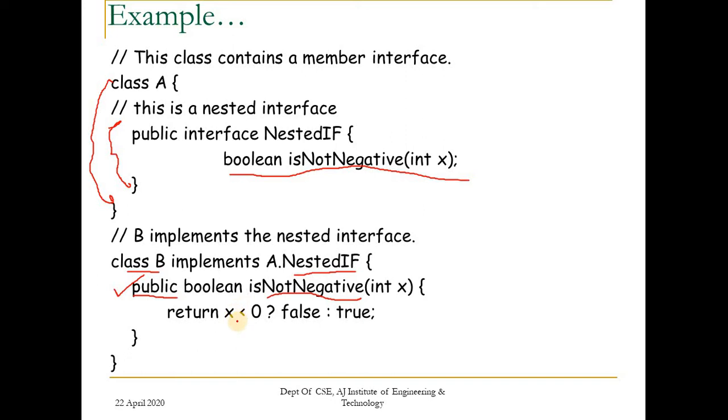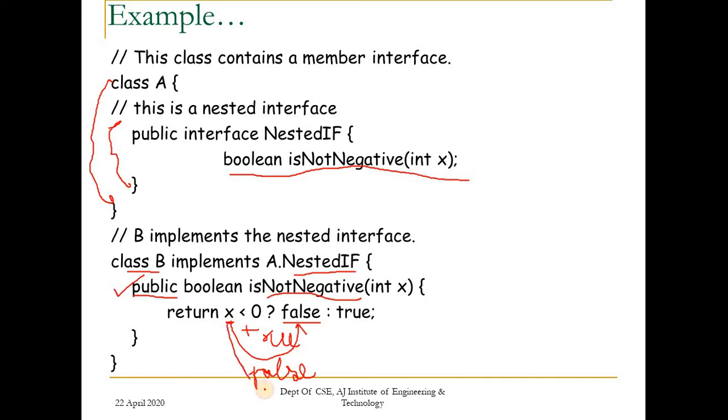What this method does is test the value of x. If x is less than 0 is true, it returns the value before the colon.